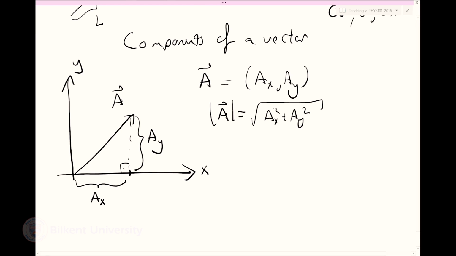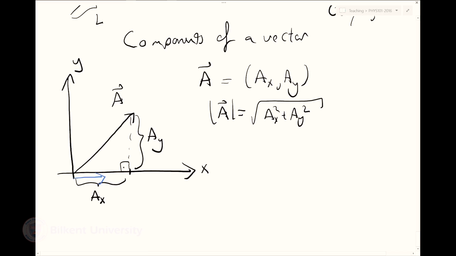And it turns out there are special names given to unit vectors in the x direction, y direction, and z direction. For the x and y directions, the unit vector along x is called i hat, and the unit vector along y is called j hat.